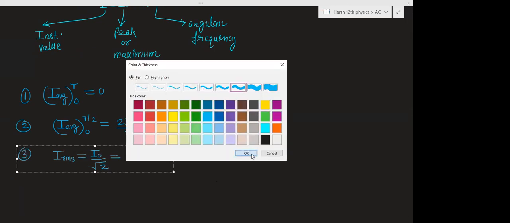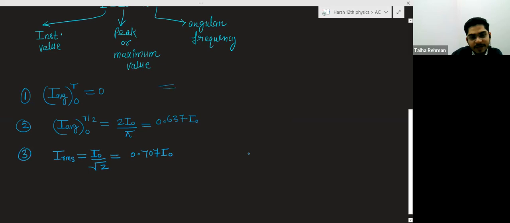If I am calculating the average value of EMF for the full cycle, that is equal to 0.